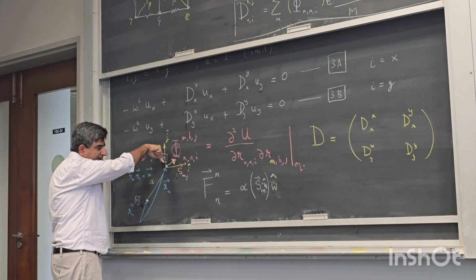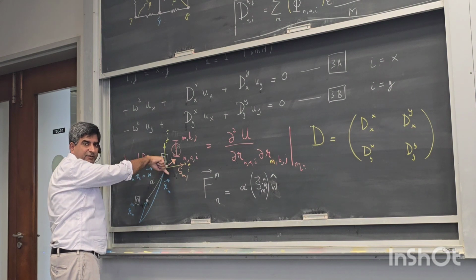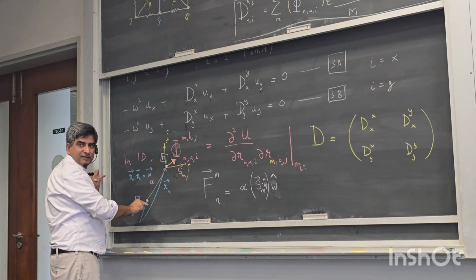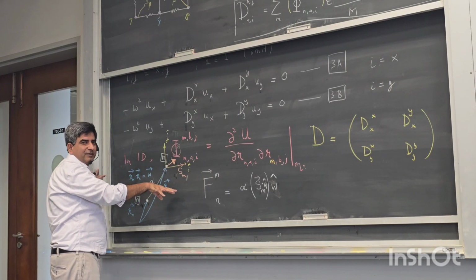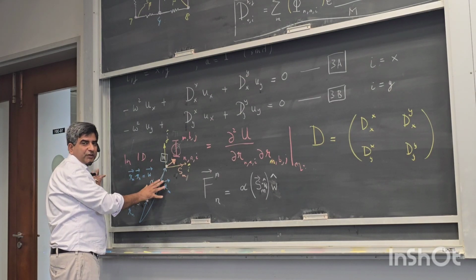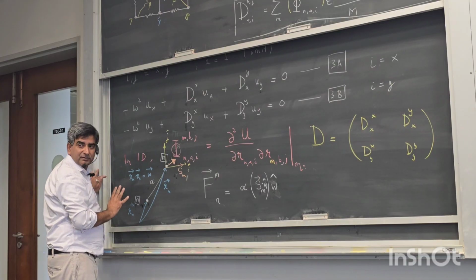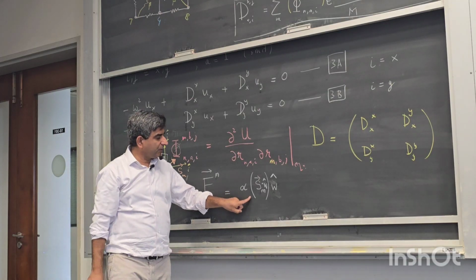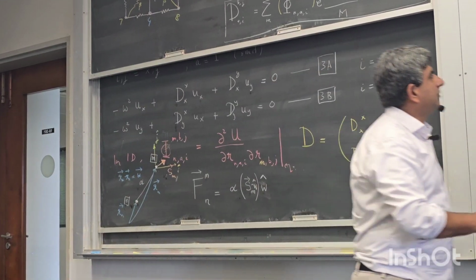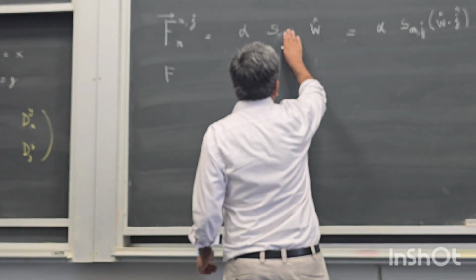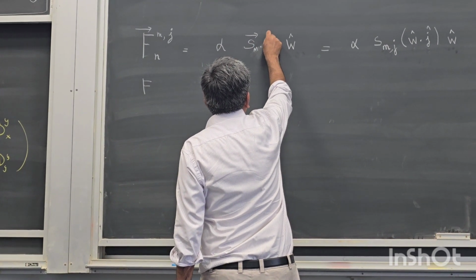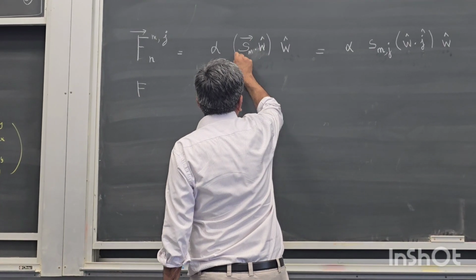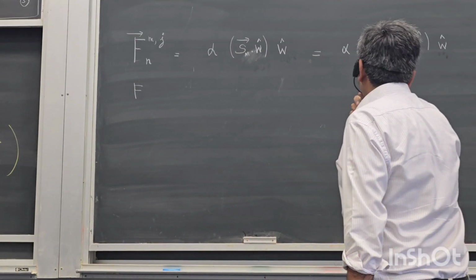Because the component of the displacement that is perpendicular to the internuclear vector is causing shear, which is not allowed inside this spring model. So we start off from here. This is Sm dotted with W. This is what we start off with.